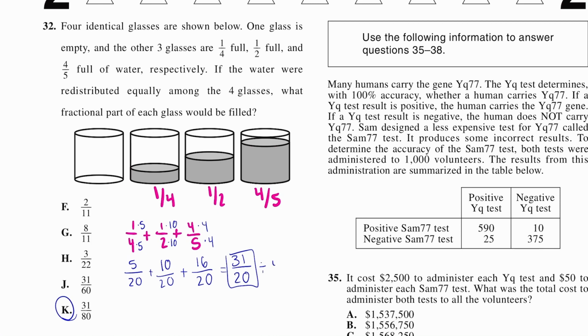Whenever you divide by a number, you multiply by the reciprocal. So it's really 31 over 20 times the reciprocal of 4, which is 1 over 4. 31 times 1 is 31, and 20 times 4 is 80. So that checks out to get us letter K.